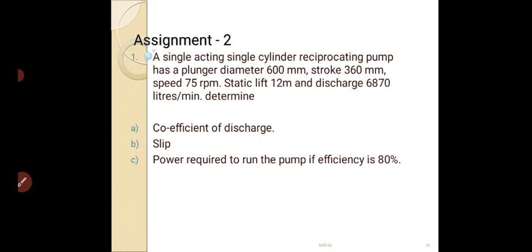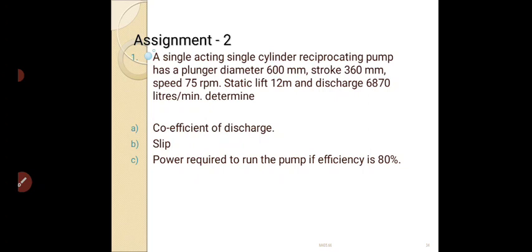I am repeating once again. He given the plunger diameter is 600 mm and stroke length 360 mm and speed 75 rpm. Static lift 12 meter and discharge 6870 liter per minute. He asked us to calculate coefficient of discharge, slip, power required to drive the pump.